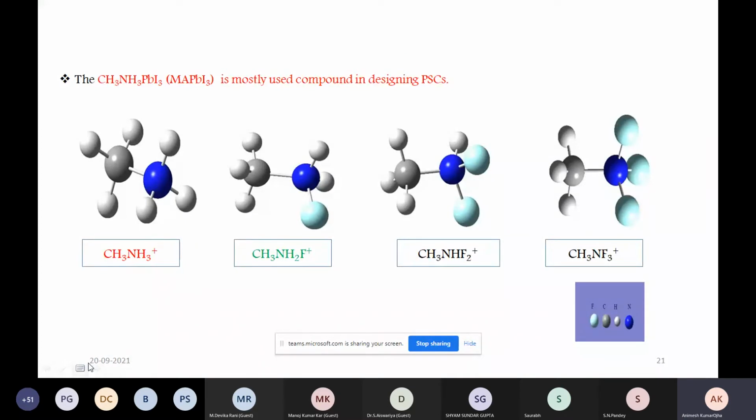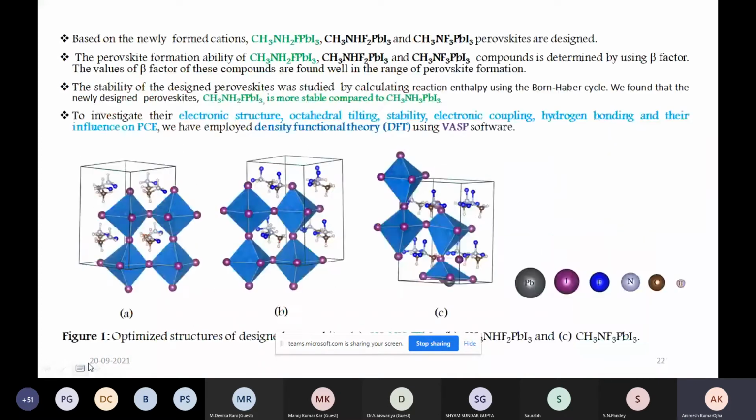So here I have checked how it looks, whether this designed organic cation forms the perovskite structure or not. Based on the newly formed cations, three perovskites were generated. One is CH3NH2F PbI3. Then here, in place of F, we have put 2F, so 2H are removed.